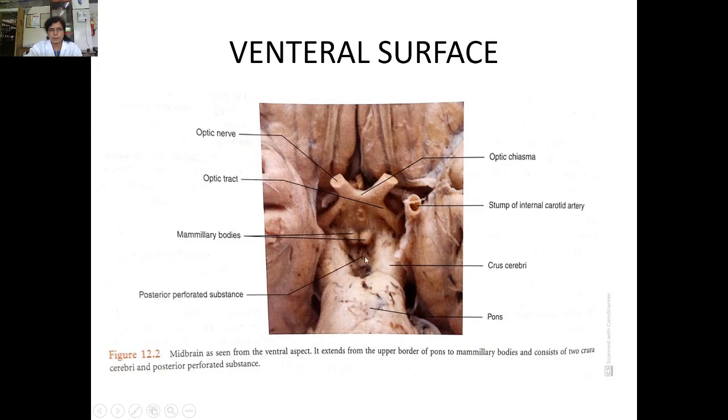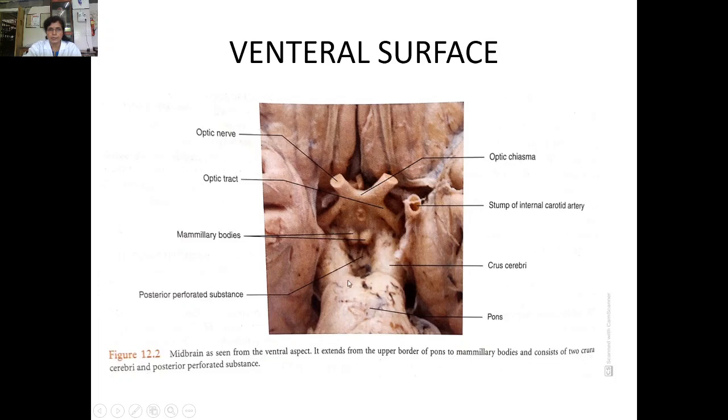The posterior perforated substance is present posteriorly in the interpeduncular fossa. Then anterior to this substance there is the mammillary body, and anterior to the mammillary body there is the stalk of the infundibulum of the anterior pituitary. So this is about the interpeduncular fossa, and this is the ventral surface of the midbrain.